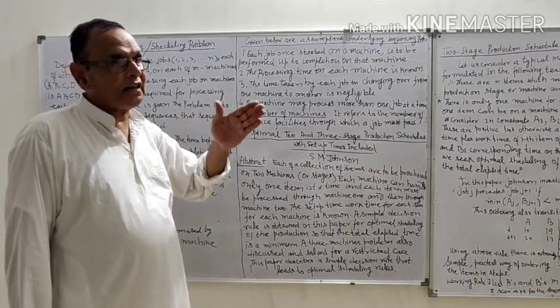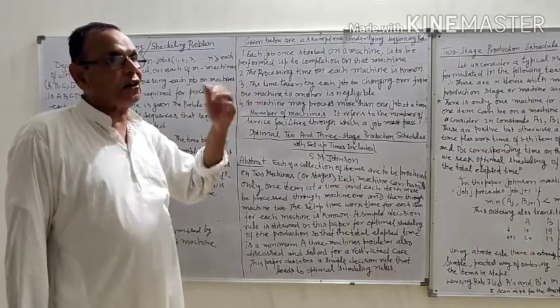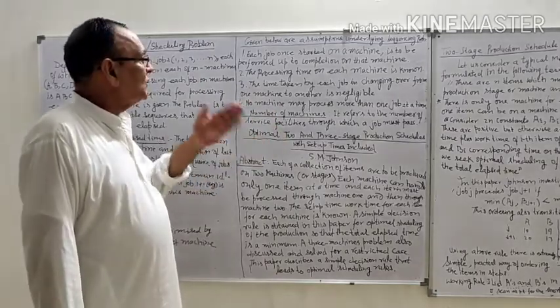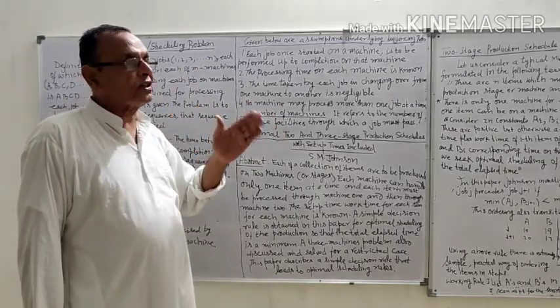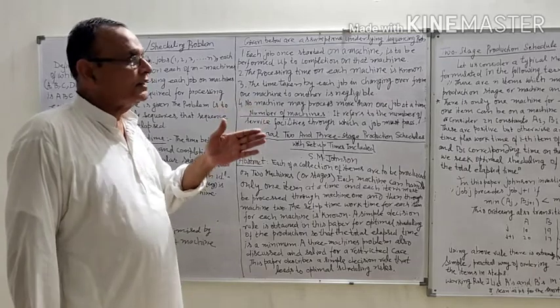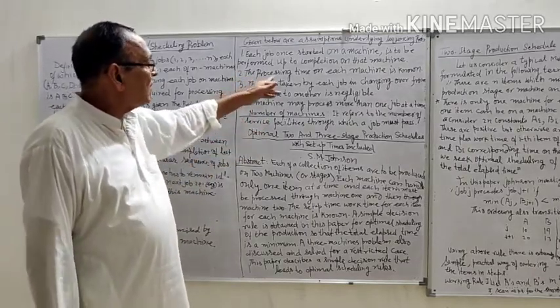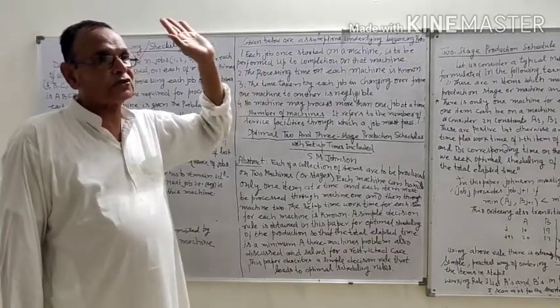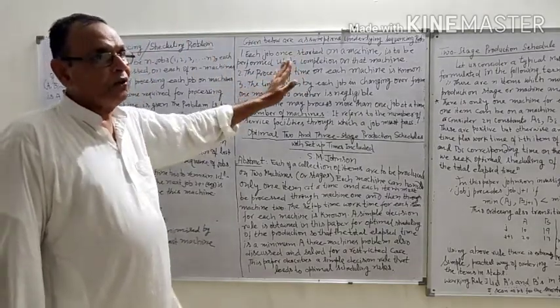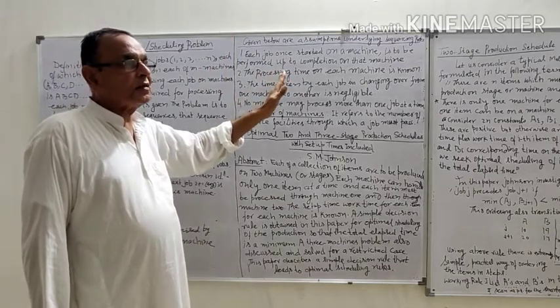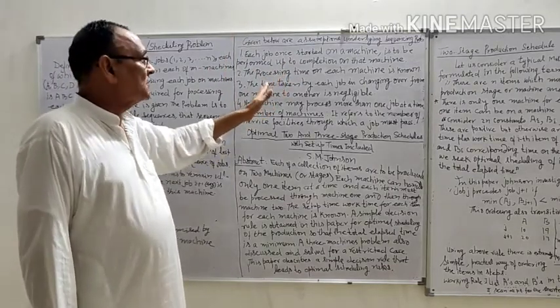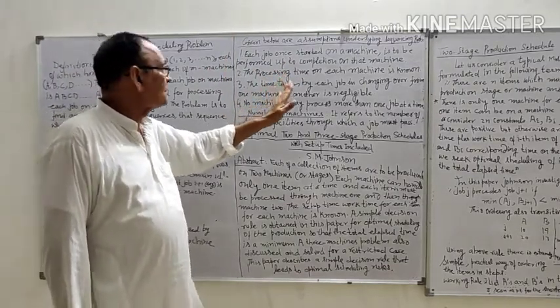Whenever a job is started on machine A or B or C, it will continue to be processed on that machine till its completion. Second, the processing time on each machine is known and deterministic, not probabilistic.